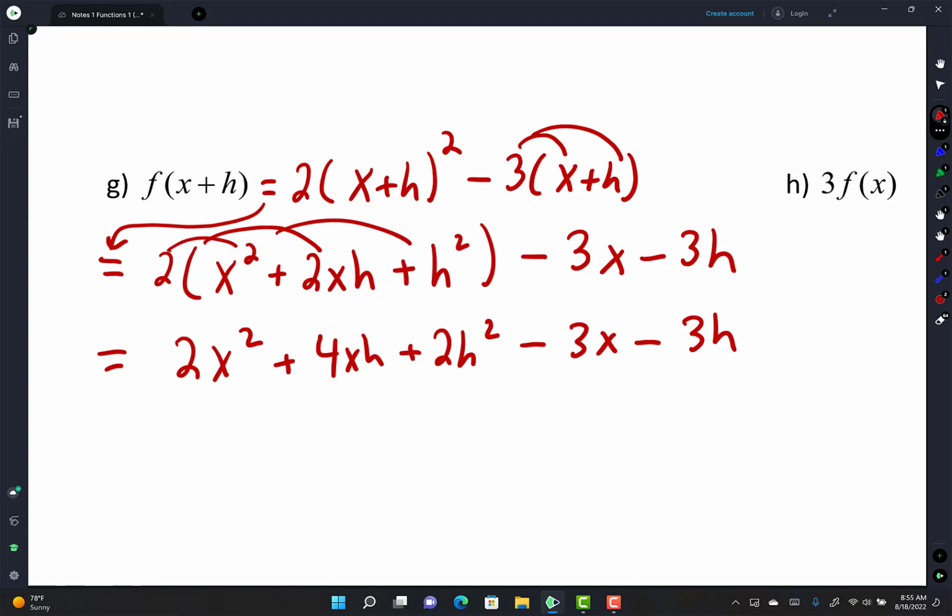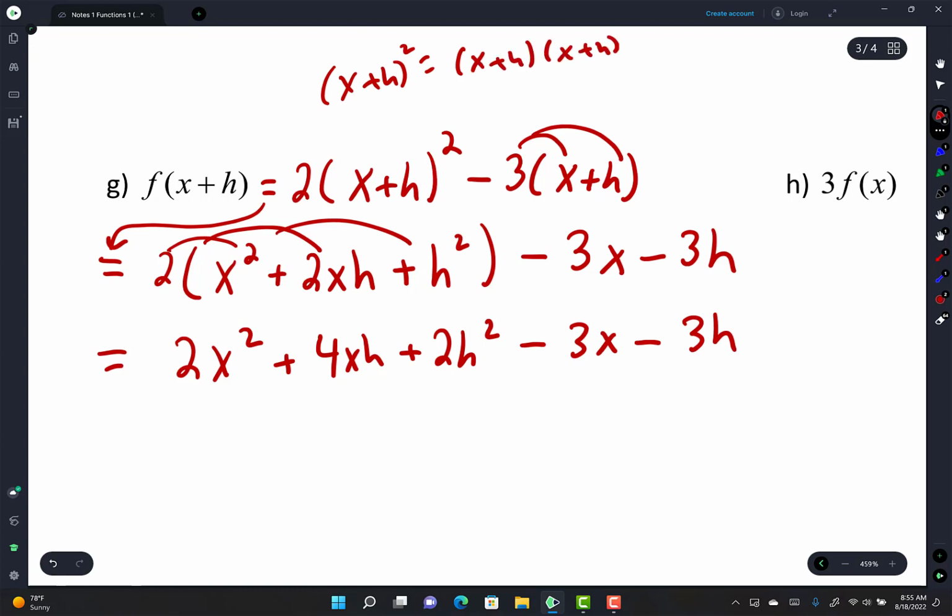Oh, you're talking like when I expand the x plus h squared, if I were to do FOIL, you're like x times x squared, x times h, that's xh, and then h times x, that's hx, plus h squared.